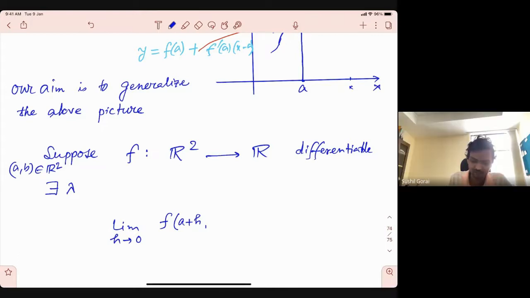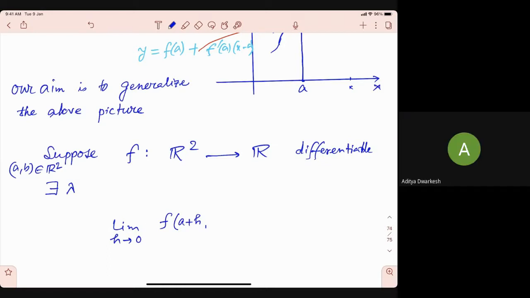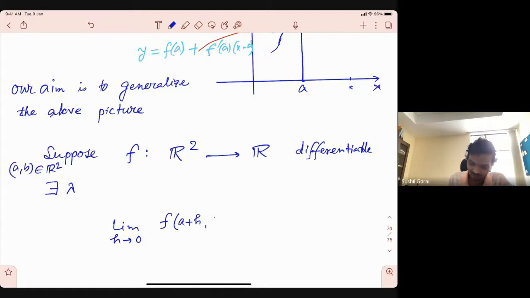Oh well, (a, b) I took not... Yeah, (a plus h, b plus h). Well, not the same h. Then h1 and h2 have to be taken. Right? (h1, h2). This is b plus h2. Or maybe you can write (a1, a2). That would make sense. It goes nicely with this h1, h2.